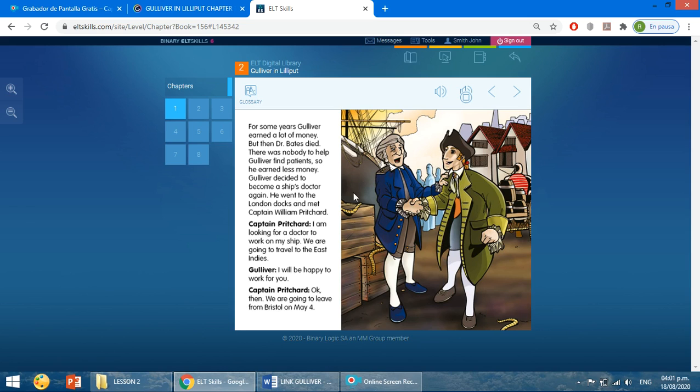He went to the harbor, not to the shore, and he met a captain, Captain Pritchard. This captain was looking for a doctor. He needed a doctor. Okay, so they talk about the job, and Gulliver gets this job. Okay, they are going to travel. This ship is going to travel to the East Indies, and they are going to travel on May 4.